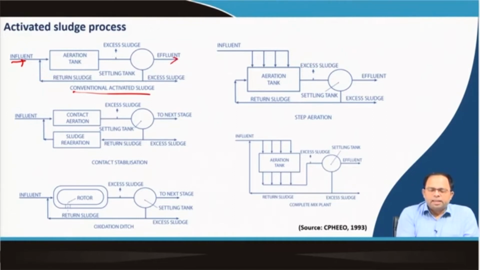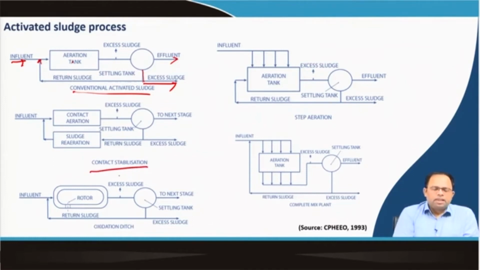The excess sludge comes to this part, then some part of it goes back and is mixed with the influent, and some part of it is taken out. So, only a certain part is reused, and this return sludge is mixed before the influent goes into the aeration tank, and that leads to further removal of organic matter. Then there is contact stabilization.